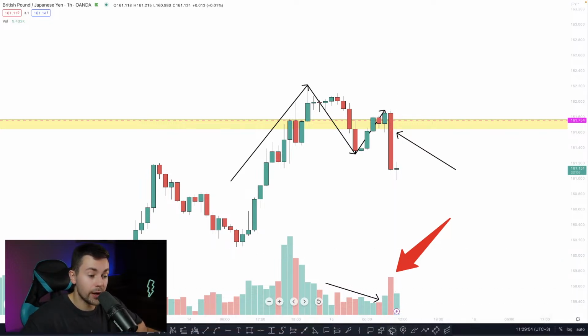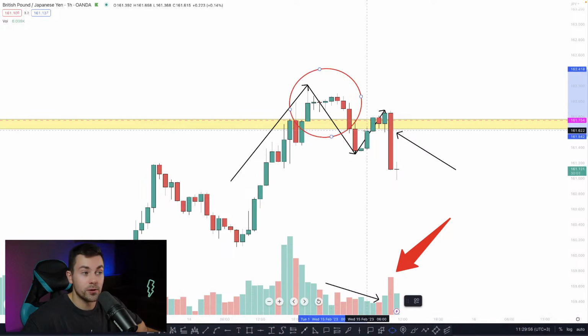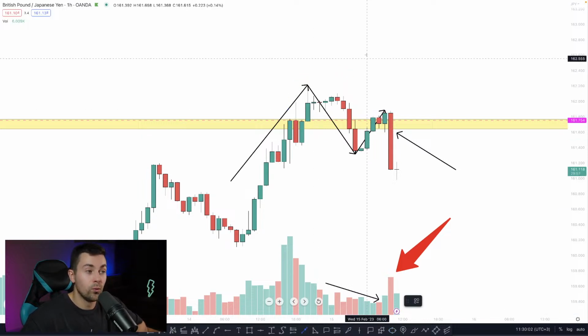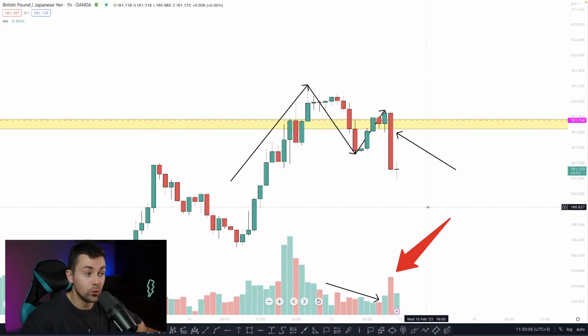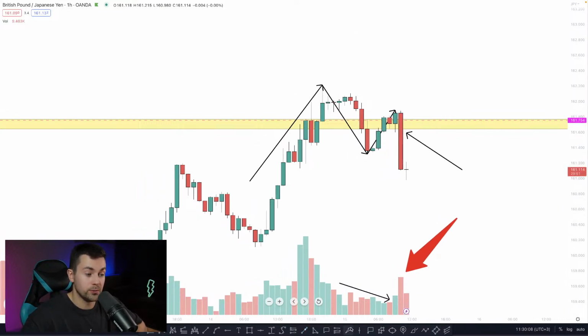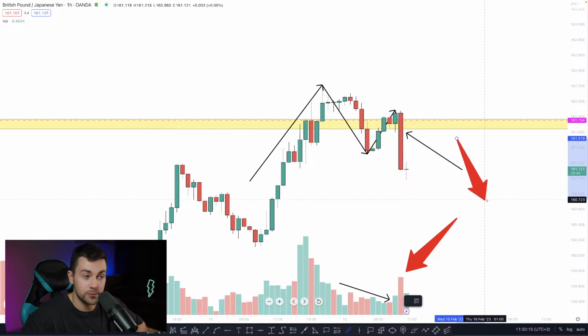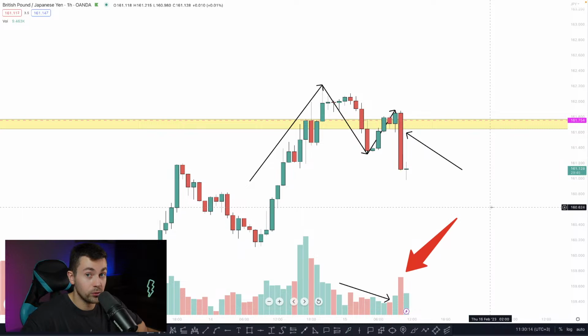And most likely, that violation right here was just a stop hunt, and the market maker was seeking liquidity to push the price lower. So now here on pound yen, we can make a prediction that most likely the market will go lower. Yes, I hope, traders, it is clear, and let me know if you have any questions.